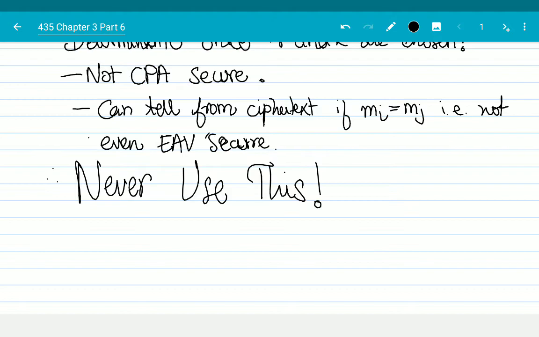This was thought of initially, and it is one of the first things that you can think of, which is why it's important. But it's a terrible method of encryption. Never, ever, ever use this.